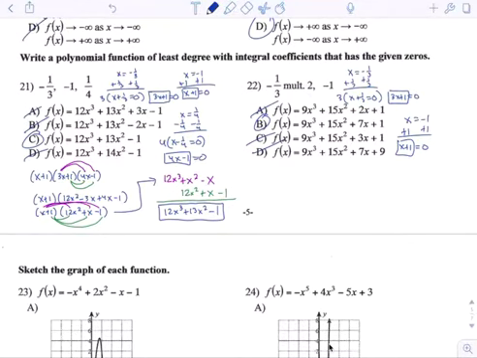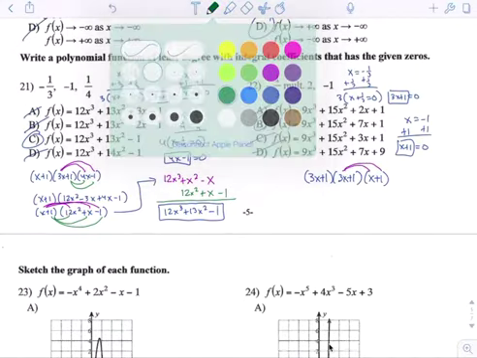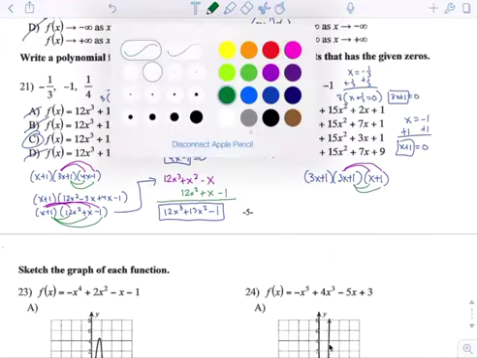Which means our 3x plus 1, there's 2 of them, since it's multiplicity of 2, and since this one's only multiplicity of 1. So we would have to multiply this one out, like that, and this one like that.